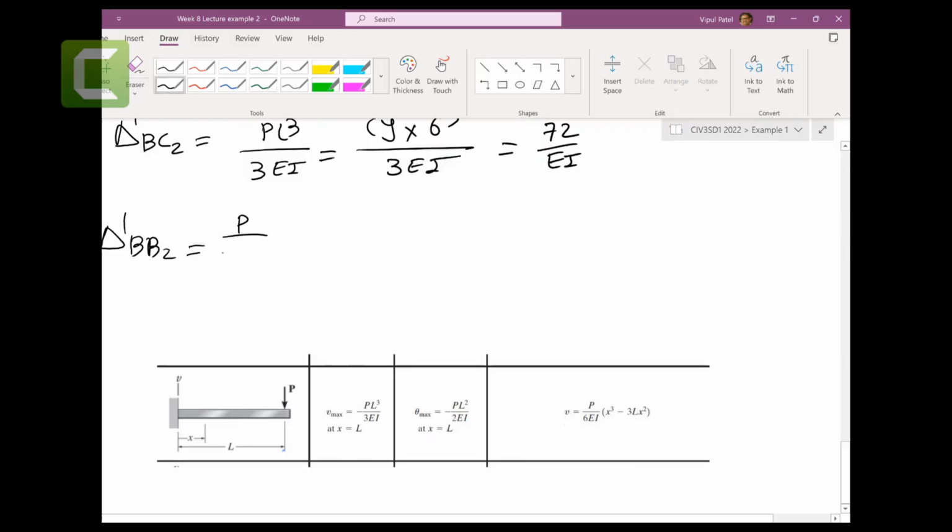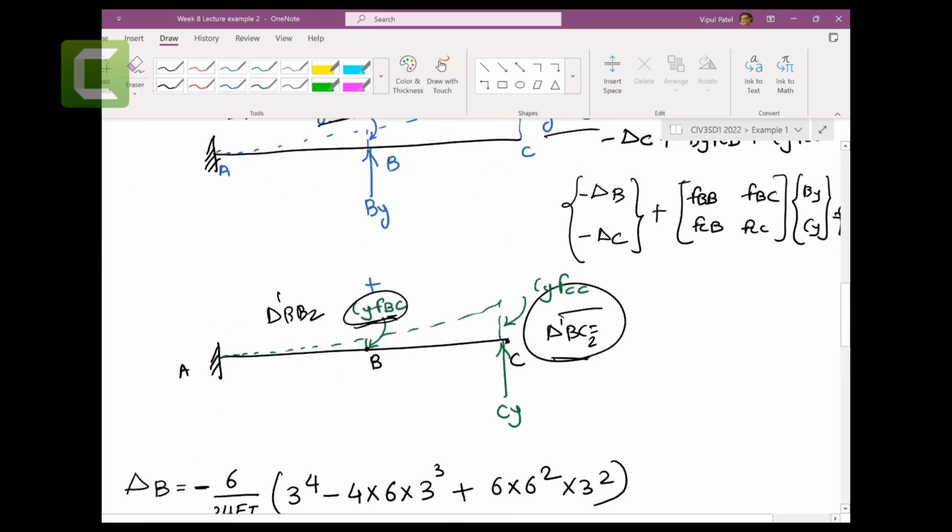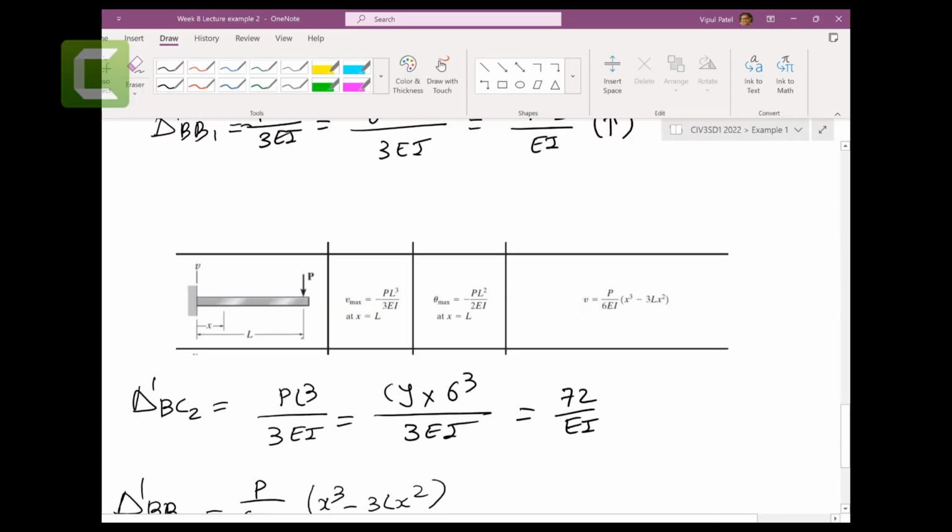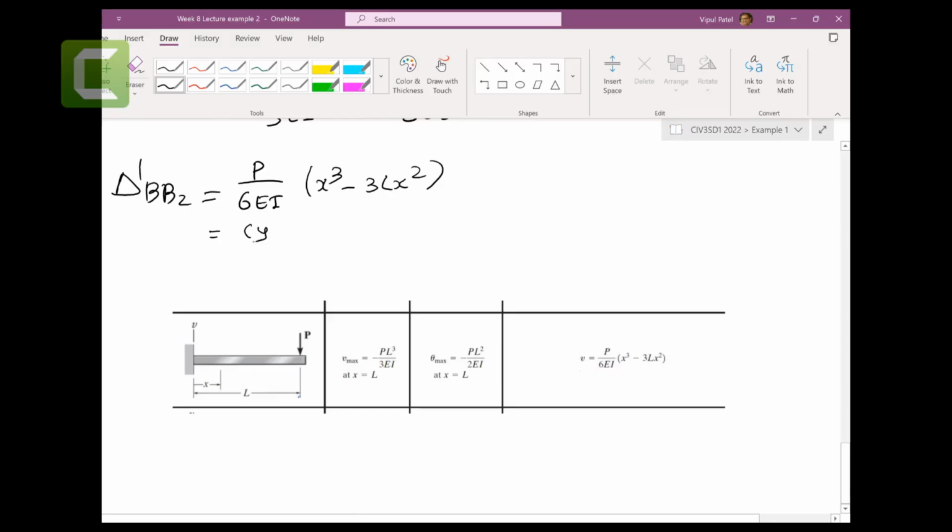So P over 6EI times x cubed minus 3LX squared. P is cy over 6EI, 3 cubed minus 3 times 6 times 3 squared.